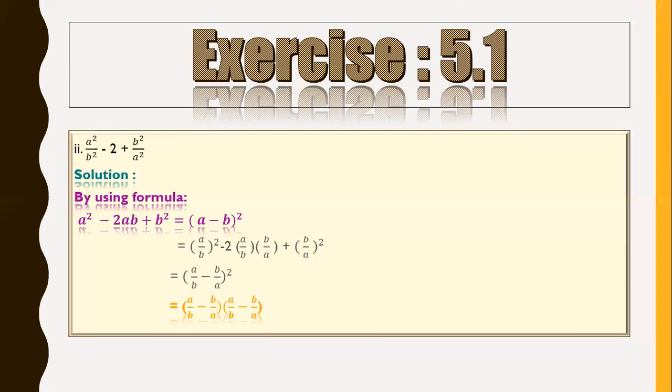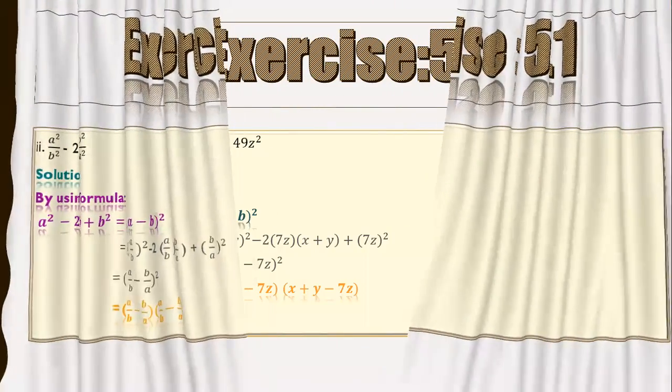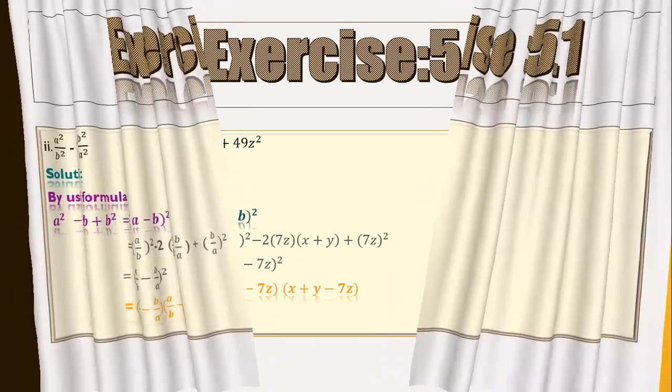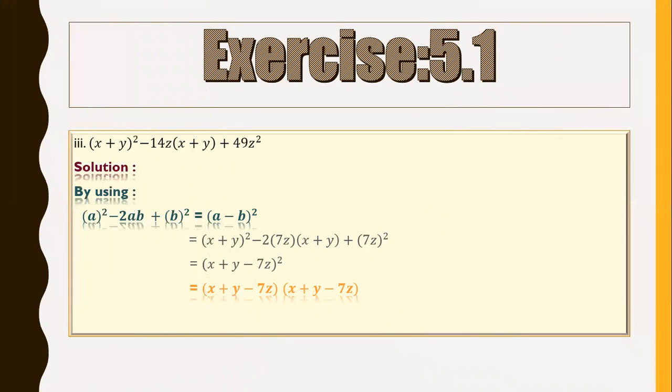The third part of this question is (x+y) whole square minus 14z into (x+y) plus 49z square.